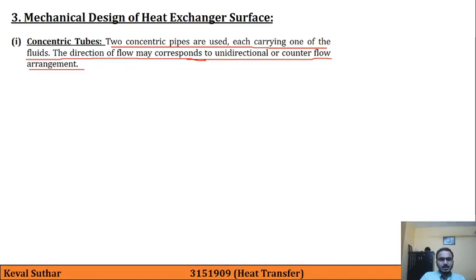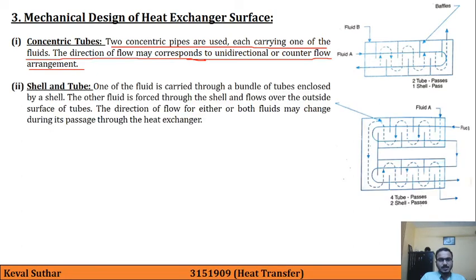Now we shall see another way to classify, which is shell and tube heat exchanger and multiple shell and tube passes. First we will see the shell and tube heat exchanger, which is the most common type of heat exchanger. Here one of the fluids is carried through a bundle of tubes enclosed by a shell.